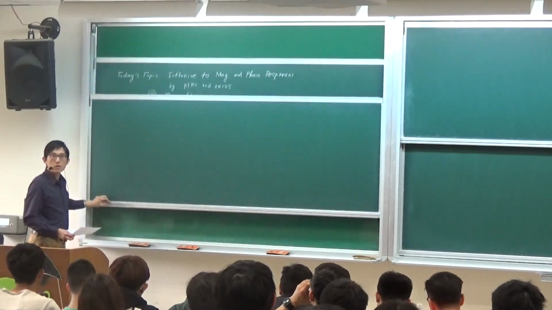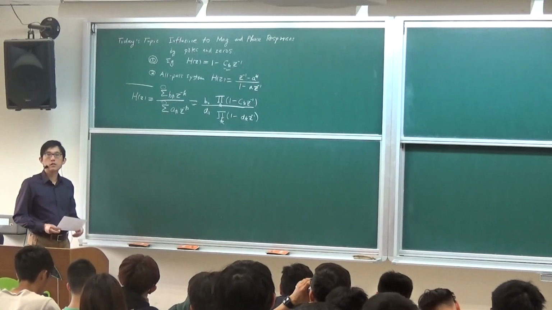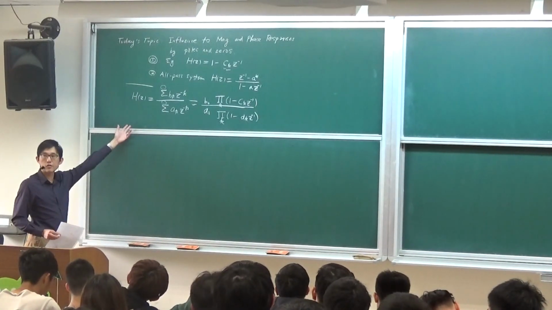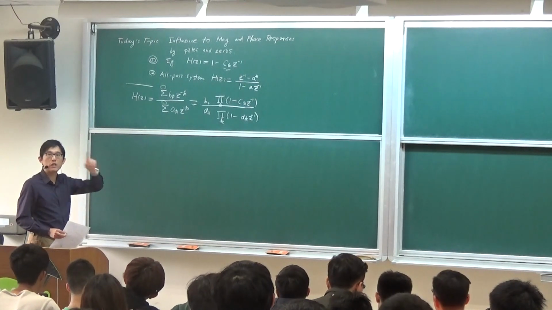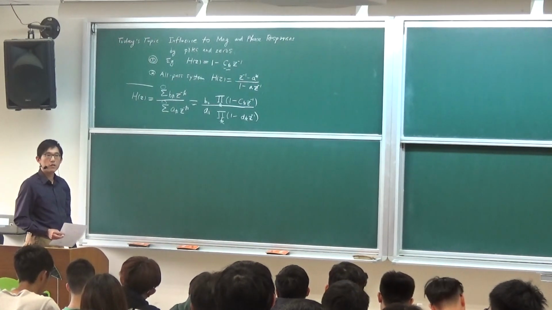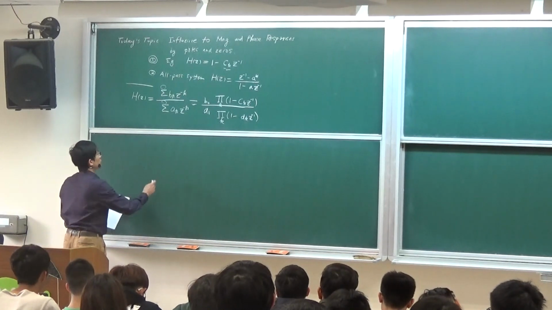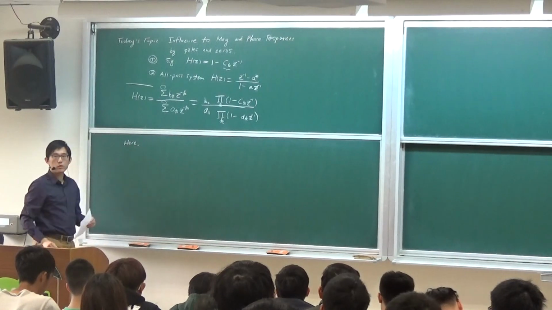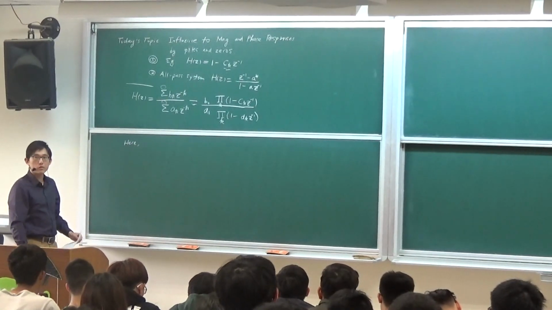As to talk about magnitude and phase response, we know that we need to use this system function and evaluate it on the unit circle, because that gives us the DTFT. Okay. So before that, let me make some assumption here.